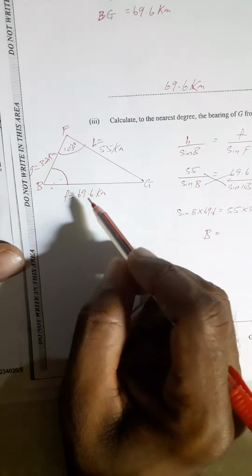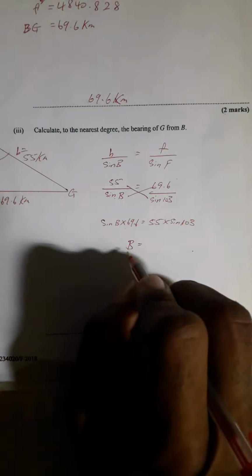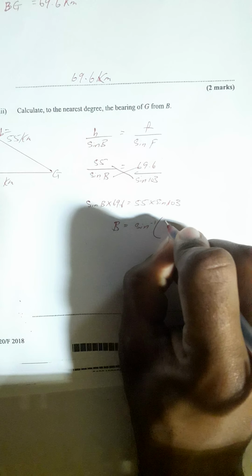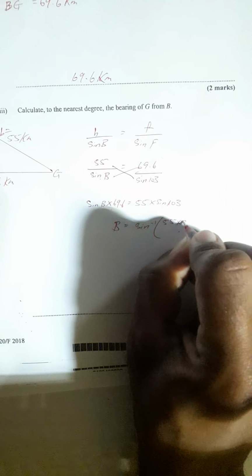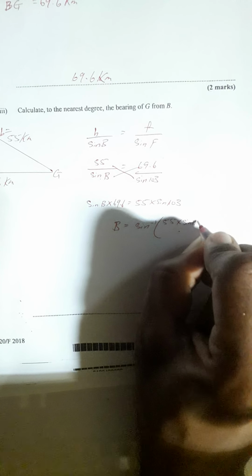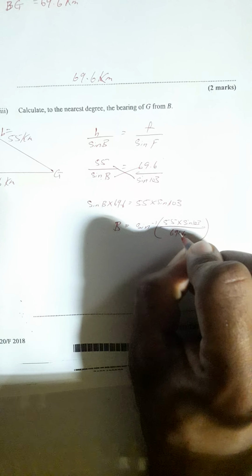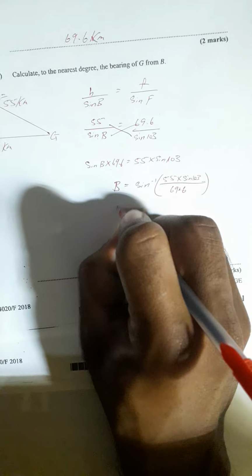The sides we put in small letters. So whenever you see the capital letter, you know that's the angle. Sine inverse, open bracket, 55 times sine 103, all divided by 69.6. And we'll round our answer to the nearest degree.